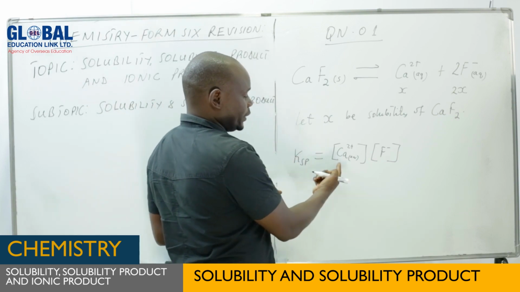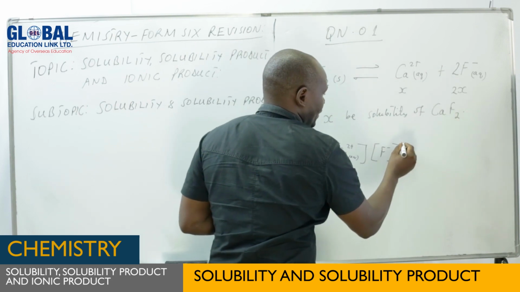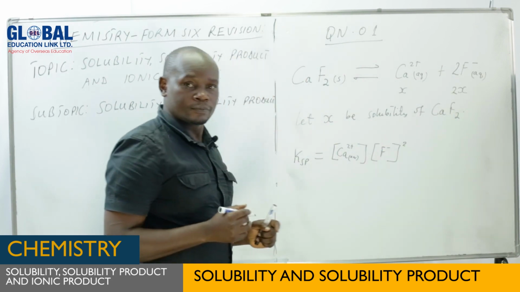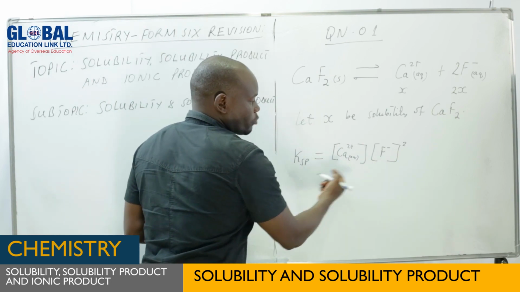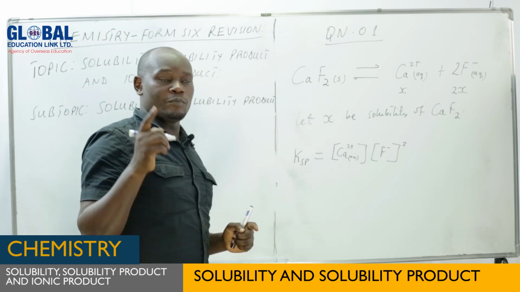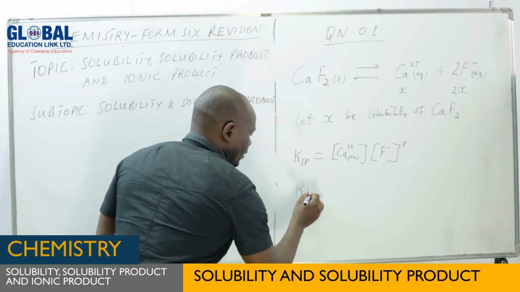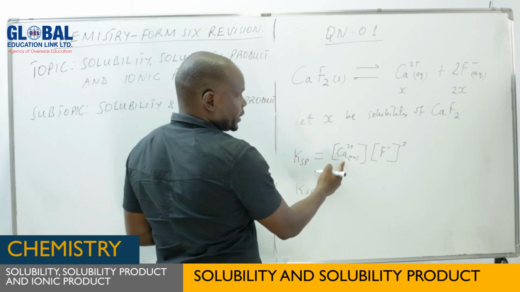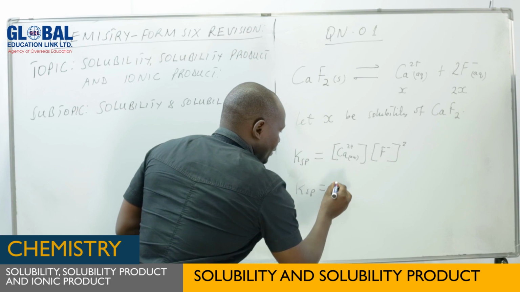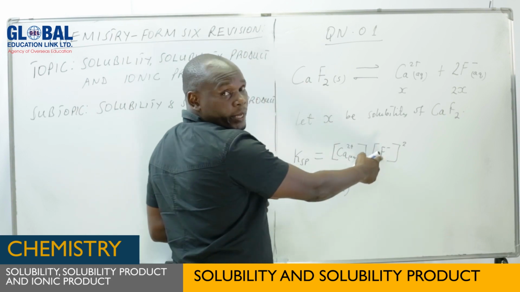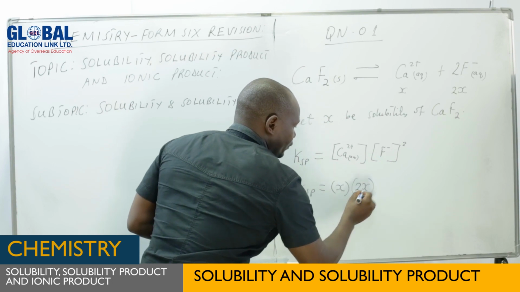The stoichiometric coefficient for calcium ions is 1, but for fluoride ions is 2, so there must be a 2 there. Since the square bracket stands for concentration in moles per decimeter cubed, our Ksp is equal to the concentration of calcium ions, which is X, times the concentration of fluoride ions, which is 2X, squared.